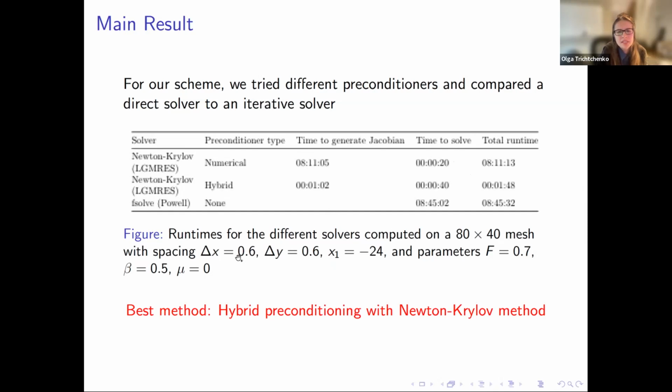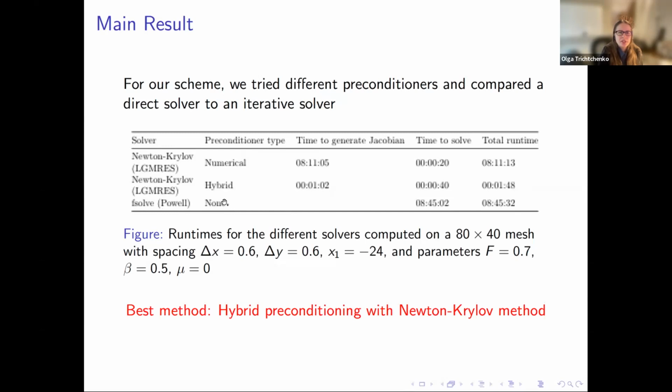For the hybrid preconditioner method that my student came up with, where some of the preconditioner you compute analytically based on the linearized model, and some of it you compute numerically, the time to generate the Jacobian is a lot faster. You're going to use that Jacobian as the preconditioner. And then the time to solve is still on the order of seconds. So the total runtime is minutes.